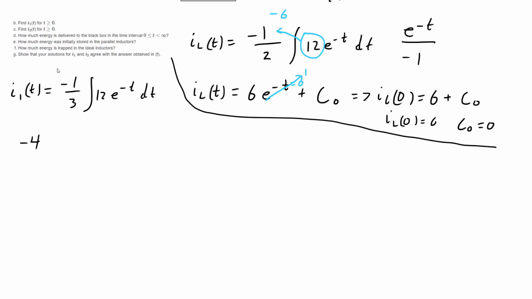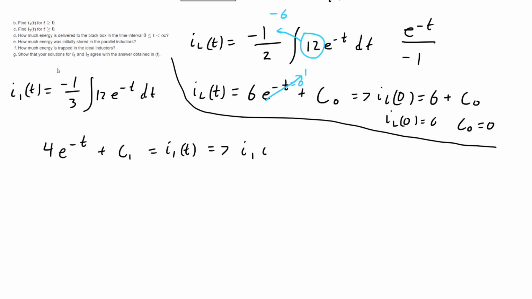So minus 4, and then minus 1 e to the minus t plus C. I'll call this C1. So that's going to be i1(t). I should actually not have pulled out the 4, but that's mathematically correct.